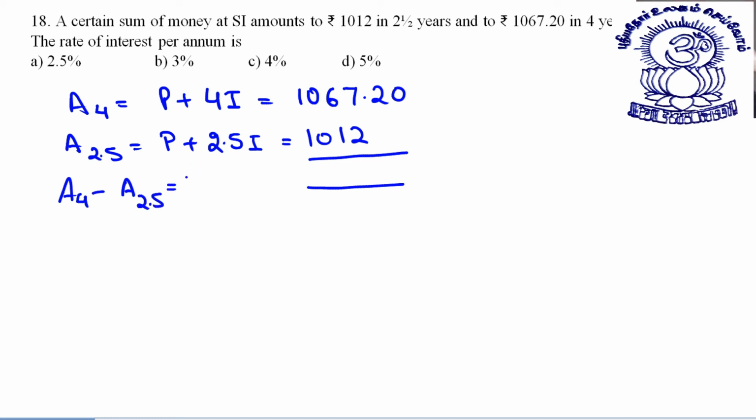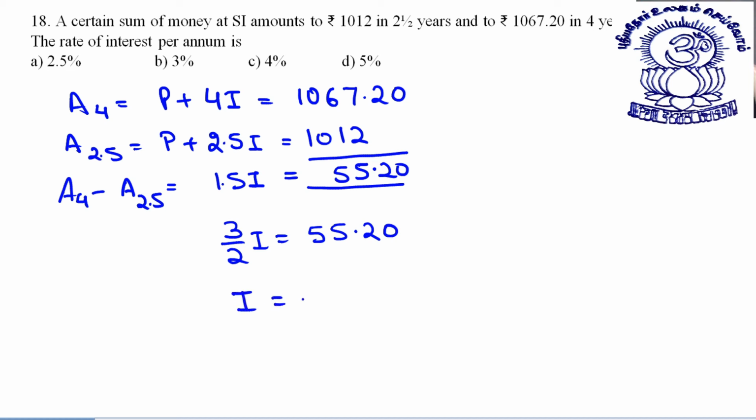So if I do A4 minus A2.5, what I will get is 4i minus 2.5i. 1.5i is equal to 1067.20 minus 1012, that is 55.20. So 3 by 2 i is equal to 55.20. Okay, from here I can say i is equal to 55.20 into 2 by 3.